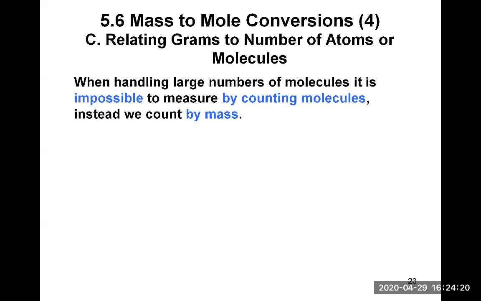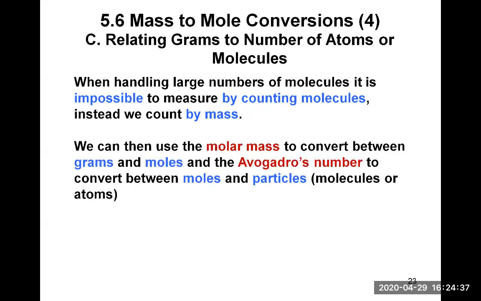What you do is you take your substance and you're able to take the mass of it. So that's why we are dealing with masses, and then we need to retrieve the number of moles or of molecules by doing calculations. And so you can then use the molar mass to convert between grams and moles, and then Avogadro's number to convert between moles and particles.